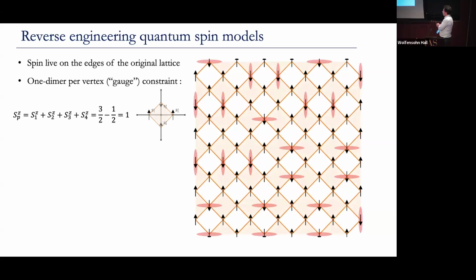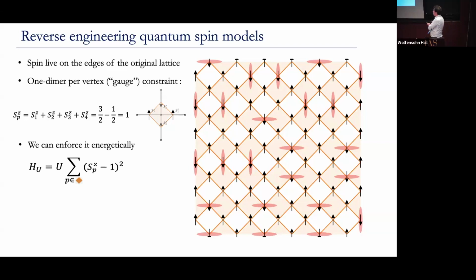But you can also actually create a Hamiltonian if you implement a gauge constraint, which ensures that you have only one dimer per vertex. And this corresponds to this simple constraint. And once you're done with that, you can construct Hamiltonians. For example, and by the way, it can be enforced just energetically by setting U to infinity and just requiring that of the 4 spins going around the shaded plaquettes, one of them is down and 3 of them are up.